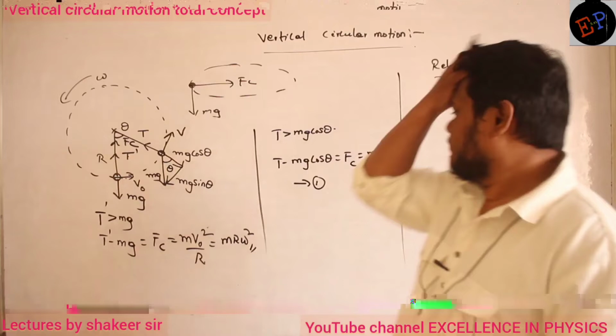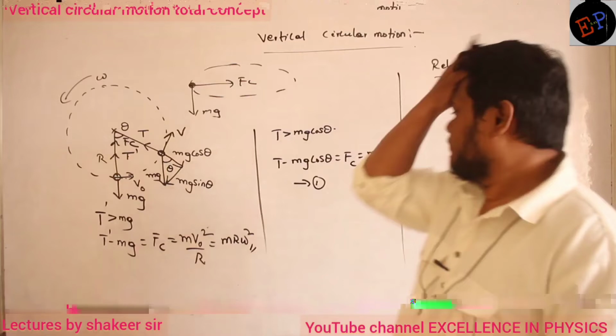So the alpha value is cos inverse of minus 3 by 2. It is that angle where velocity will become 0. And how much is cos inverse of minus 3 by 2? It is not possible at all. Why? The maximum values of sin theta and cos theta are only plus 1 and minus 1.